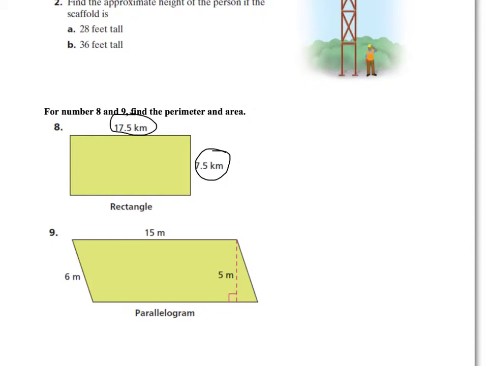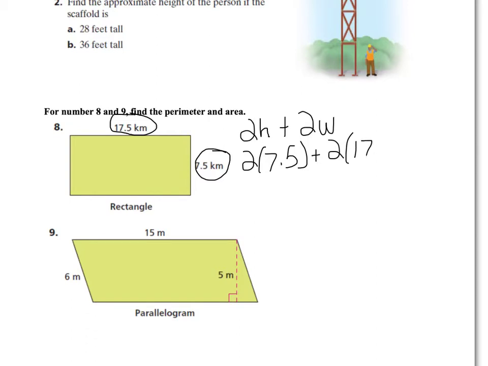To find the perimeter, we need to find 2 times the height plus 2 times the width. That's the same thing as saying 2 times 7.5 plus 2 times 17.5.